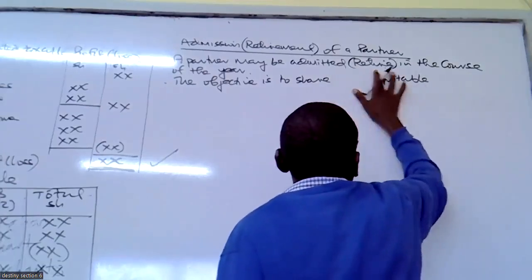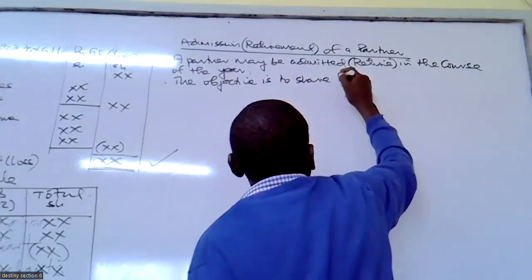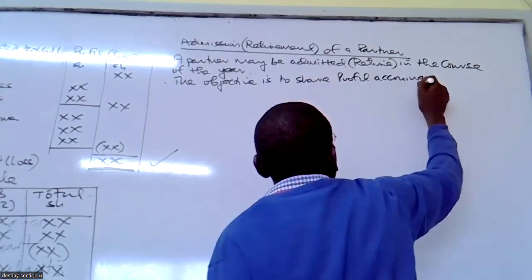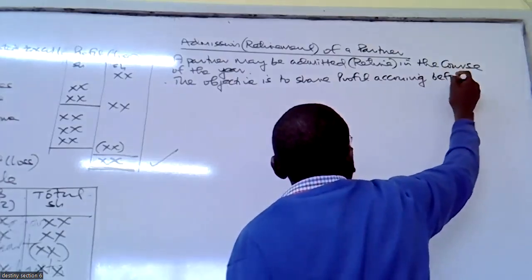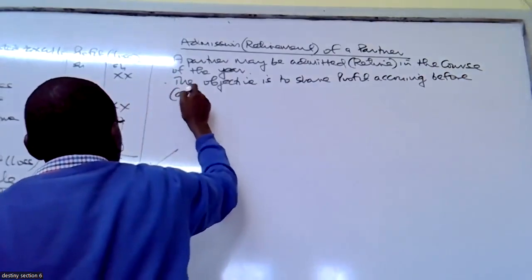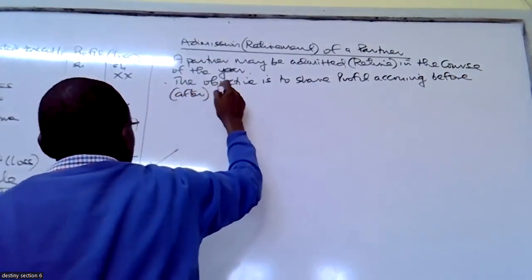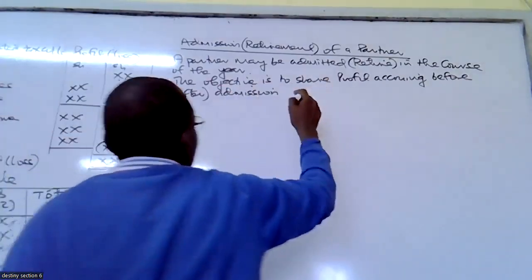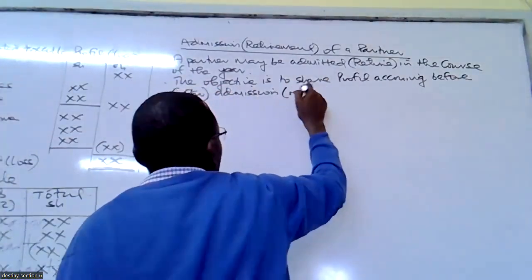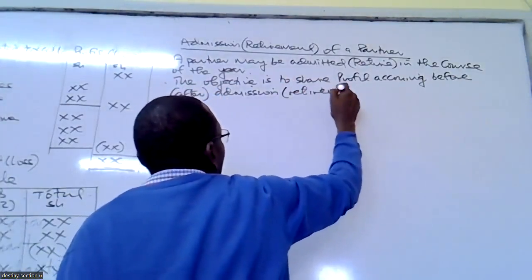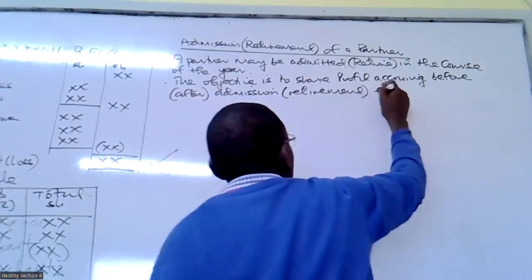So the objective is to share profit accruing before and after admission or retirement equitably.